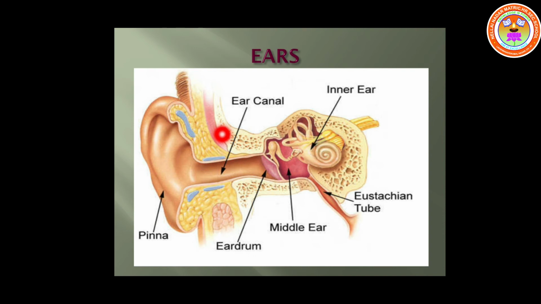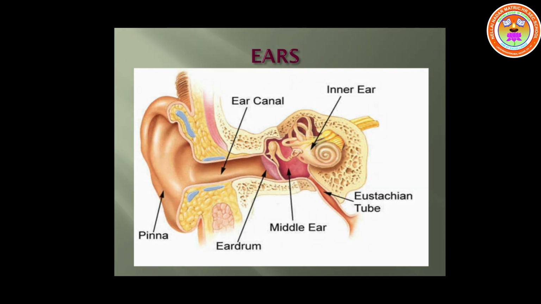The outside ear is called the pinna. This part is the inner ear. The outer ear in humans is made up of an external flap called the pinna. Here you can see the structure of the pinna.